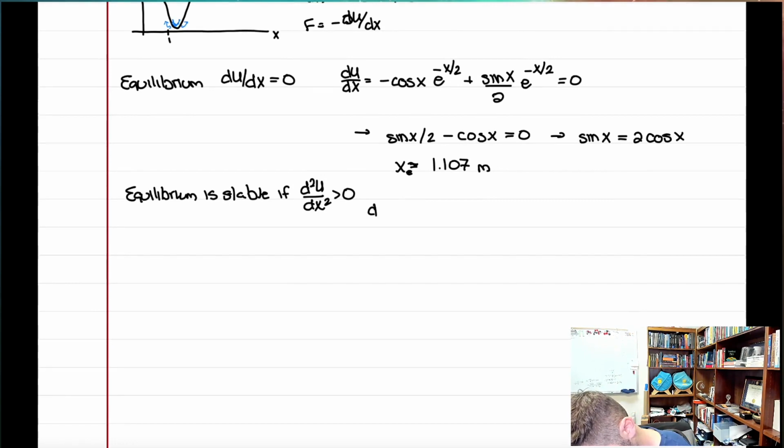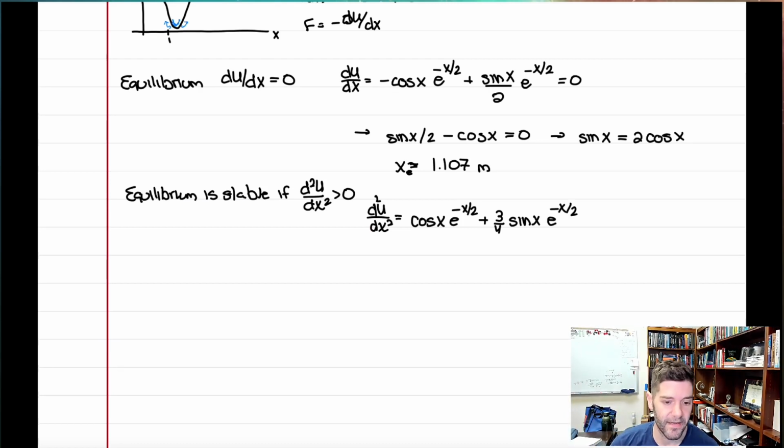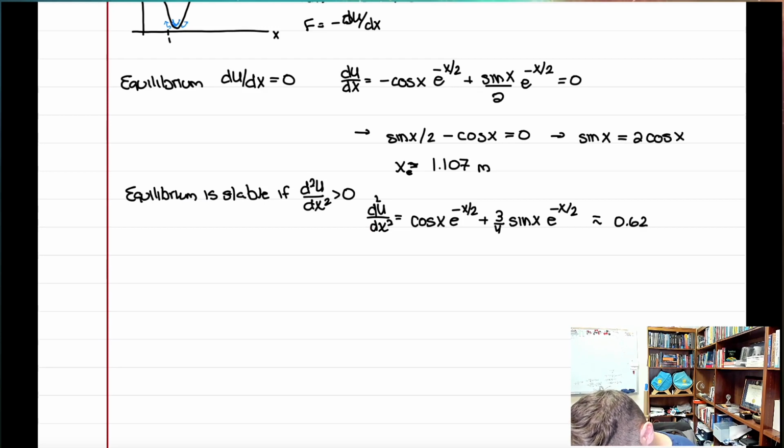So take the second derivative of this expression, and jumping right to the answer, it's cosine of x e to the negative x over 2, plus, some terms end up combining, sine of x e to the negative x over 2. I could plug in x equals 1.107 to this expression, and this ends up being about 0.62 at x equals 1.107 meters.